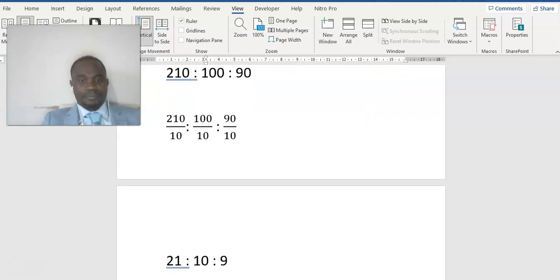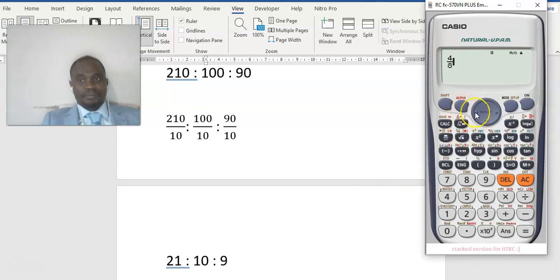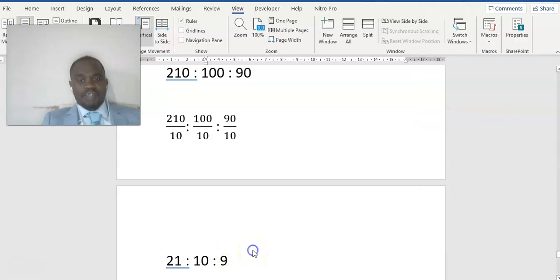So divided by 10, 210 divided by 10 gives you 21, and 100 divided by 10 gives you 10, then 90 divided by 10 gives you 9. So we have this.